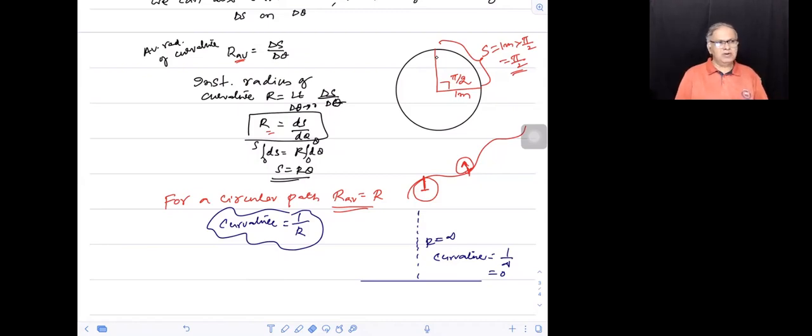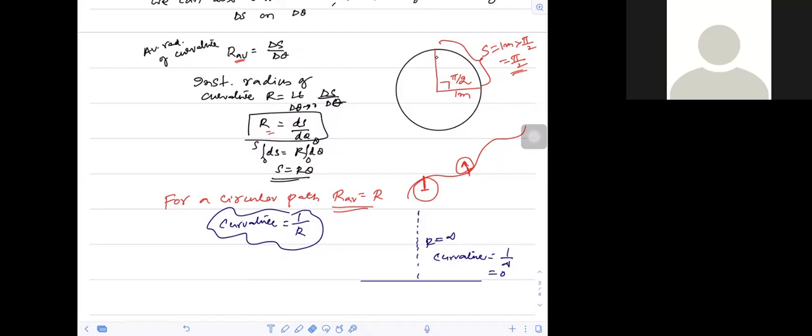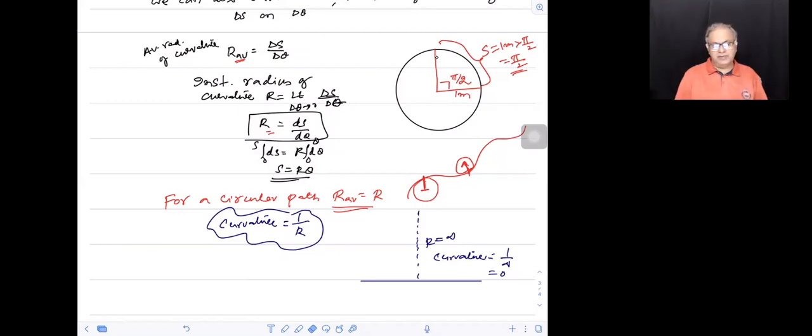The curviness is more. So curvature and radius of curvature are different. Curvature is 1 by R. If R is 0 at the pointed edge, curvature is infinite. So that's going to be very important for us.